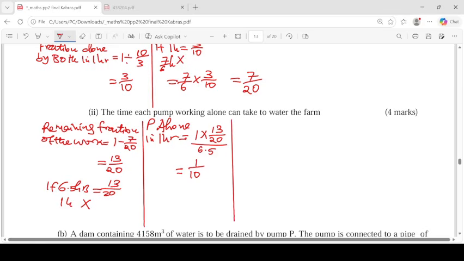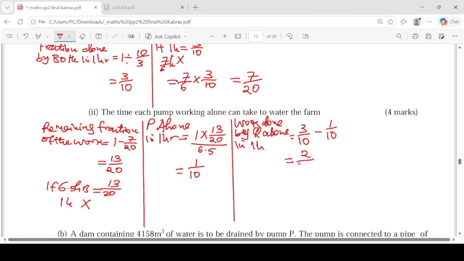So I can again say work done by Q alone in 1 hour will now be given by 3/10 minus 1/10, because P alone in 1 hour does 1/10 of the work.